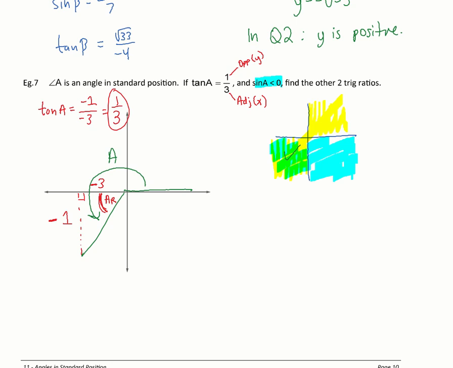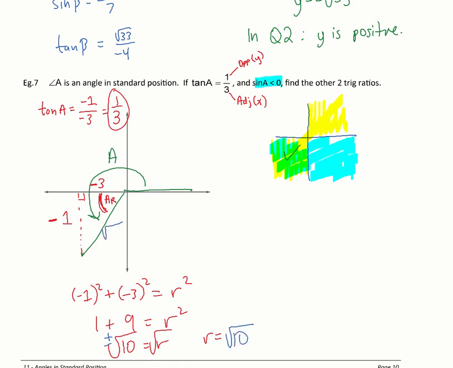Okay, using the Pythagorean theorem, we get negative 1 squared plus negative 3 squared equals hypotenuse squared. And that's 1 plus 9 is equal to r squared. Square root both sides. So r is either equal to, we know we should go plus or minus, but because r is always positive, that's just positive root 10.